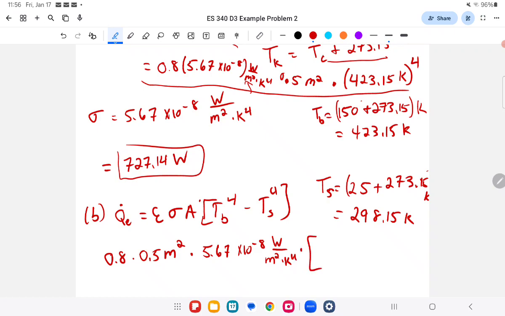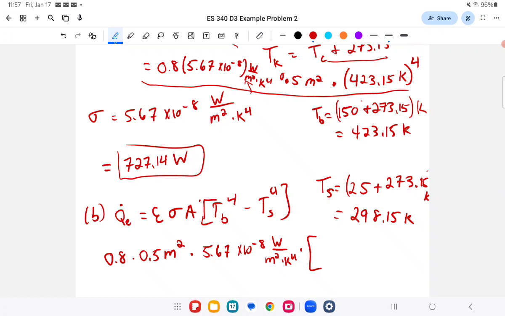Now, notice that this is not the difference between two temperatures. It's the difference between two temperatures where each individual one is taken to the fourth power. Because of that, we cannot do what I had suggested before, which is if there's a difference. If it had been T_B minus T_S, then we would be able to just take the Celsius temperatures and be fine.